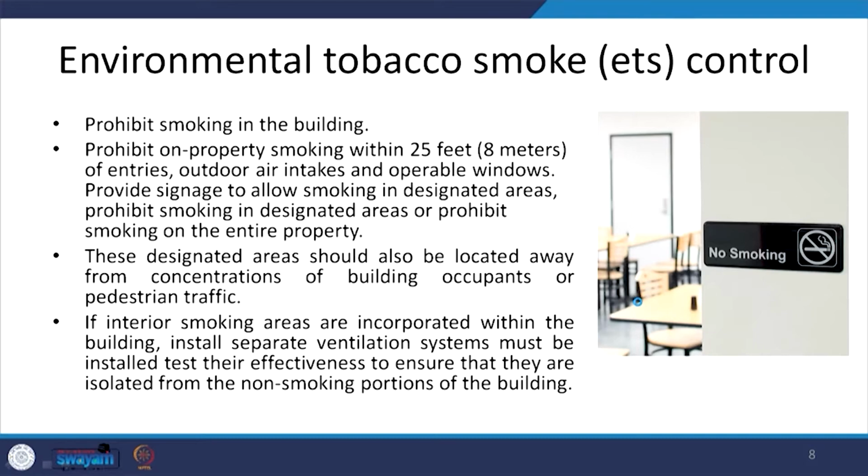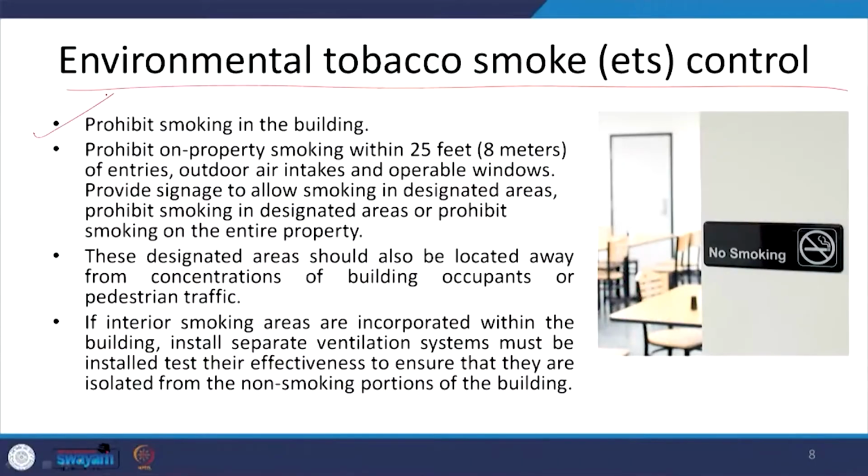Next we have environmental tobacco smoke control. As I was discussing in the previous lecture yesterday, the intent of environmental tobacco smoke control is to isolate the tobacco smoke and not let other occupants who are non-smokers get exposed to it.